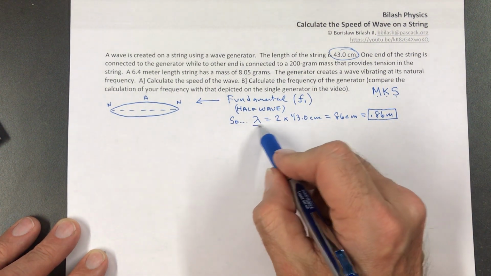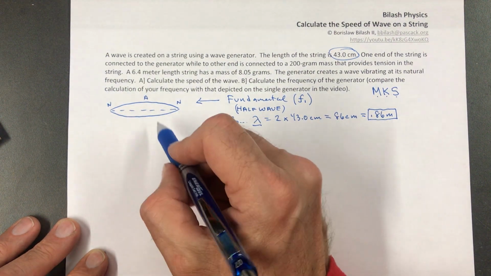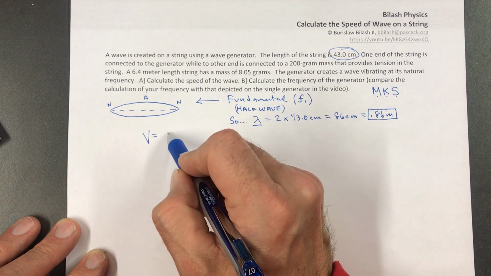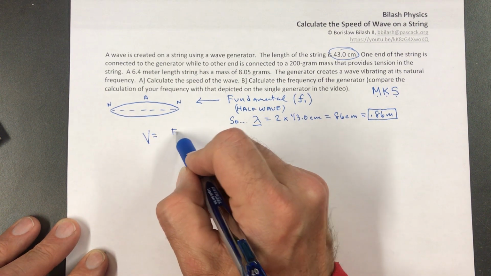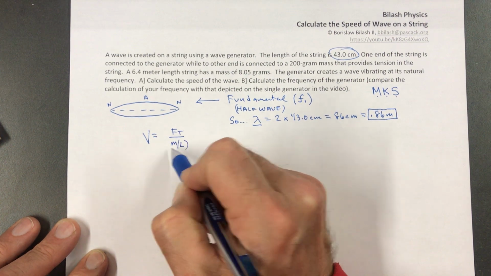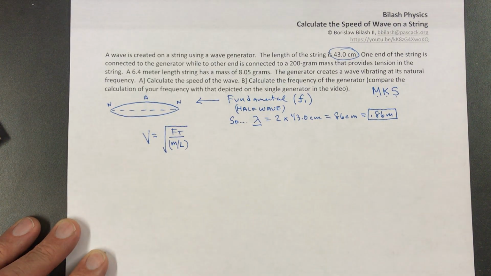So we now have the wavelength. Now, we know that the speed of the wave may be determined by the formula Ft divided by the linear mass density, m divided by L, quantity square rooted.